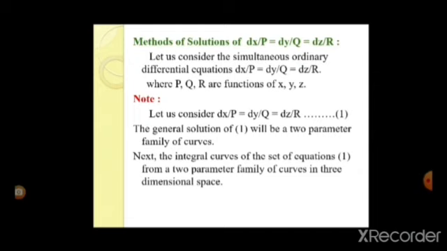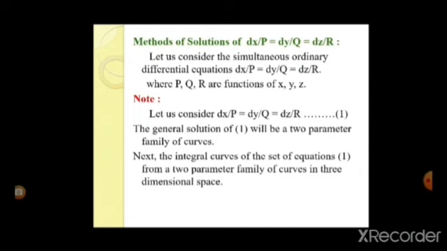Here the most important point to note is that if we consider this set of equations and name it equation number 1, then the general solution of equation number 1 will be a 2 parameter family of curves. That means we have two solutions, 2 curves, we can get 2 curves.